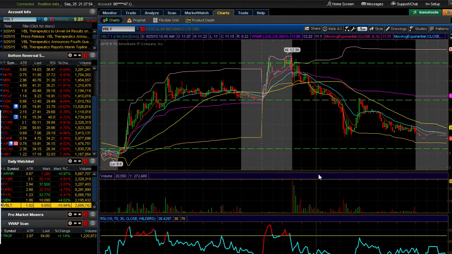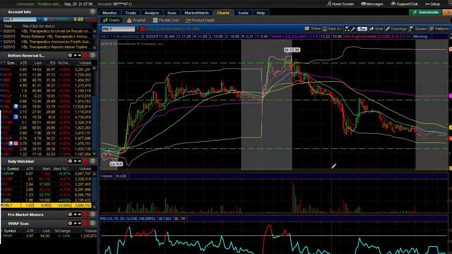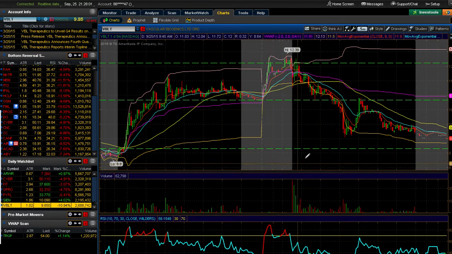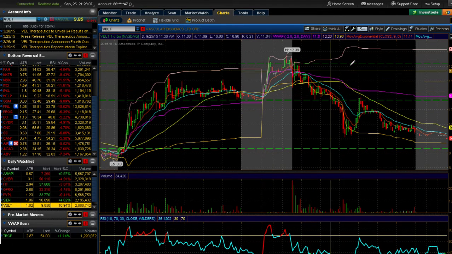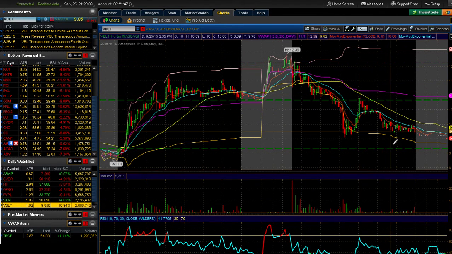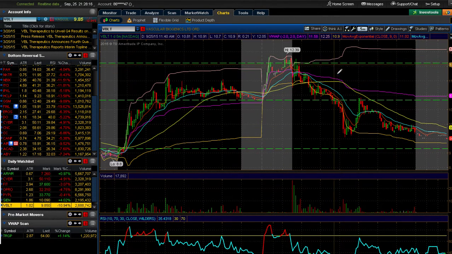Now, okay, this is a chart on VBLT. It was on my watch today, one of the stocks that I looked at, and you can see these are the daily levels that I found on the daily chart, which are these green dashed lines. Then you've got the VWAP and all the moving averages and the upper and lower deviation bands in between.